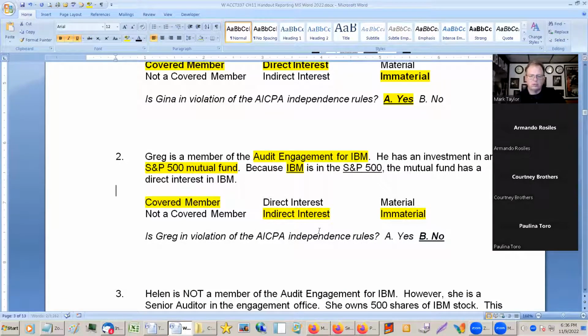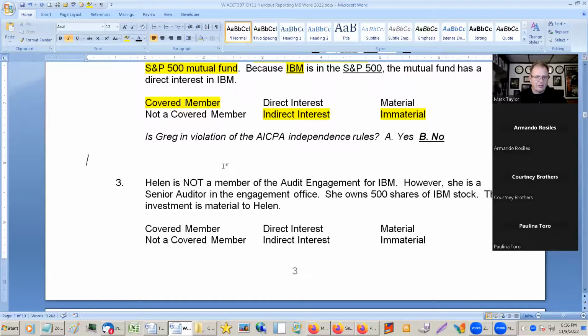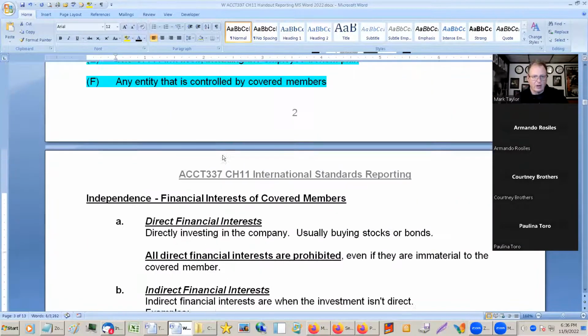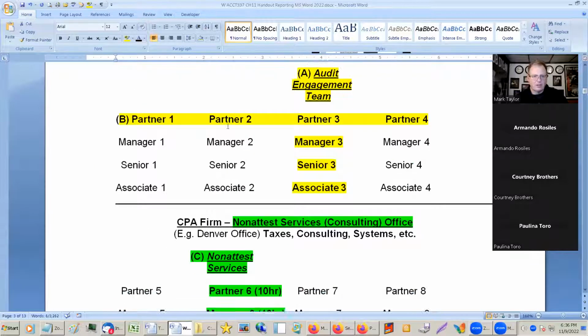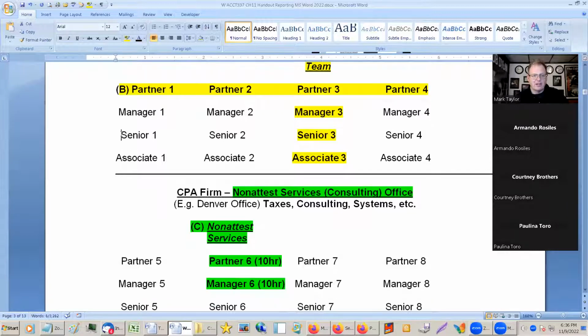Okay. Helen is not a member of the audit engagement team. However, she is a senior auditor in the office. So she's not on the engagement team, but she's a senior.